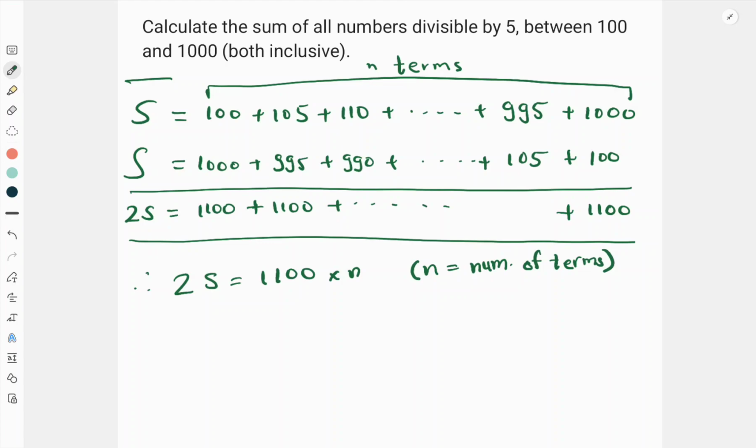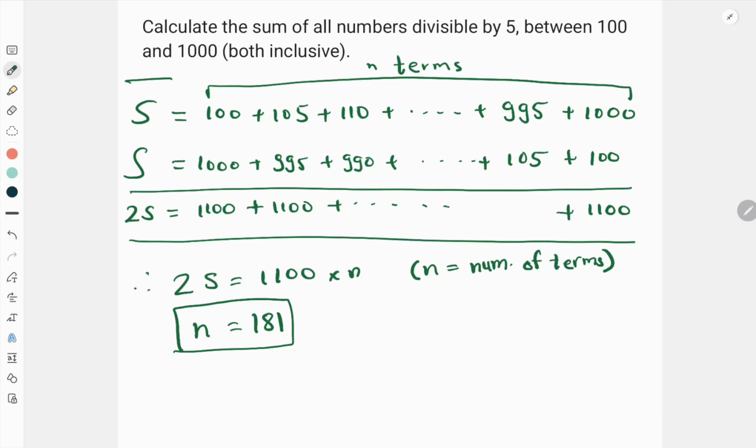So that's 20 terms, and there are 9 such hundreds. That is going to be 180 terms, plus we have the last number 1000, which is not in any of these hundreds, but it's an additional number that is divisible by 5. So n is equal to 181.